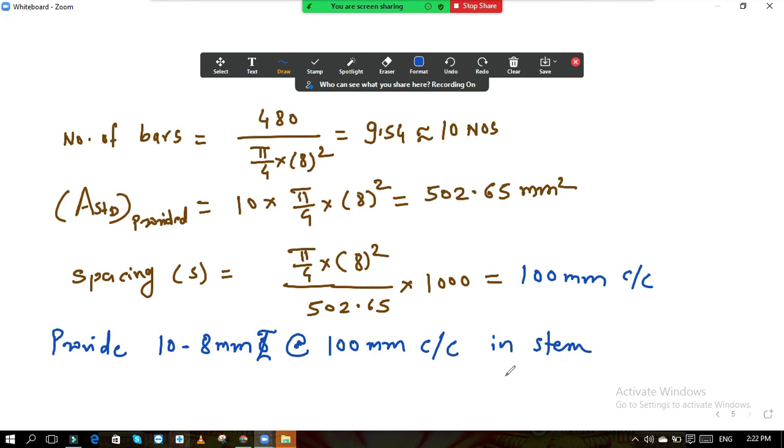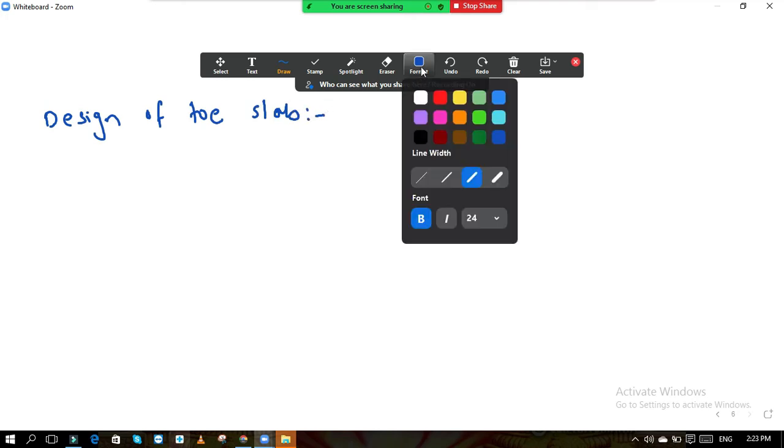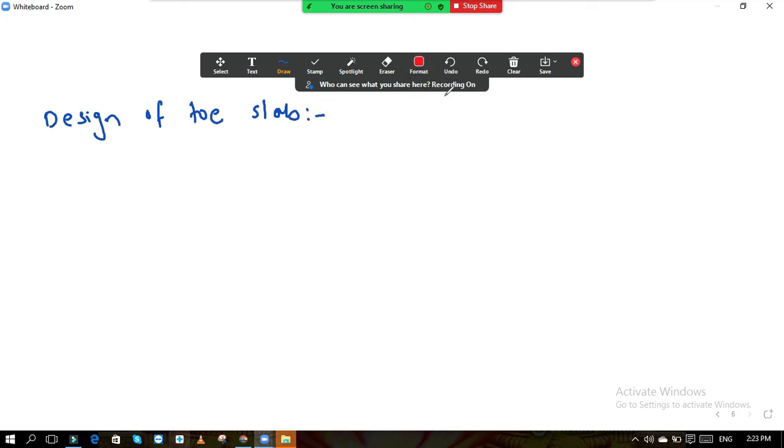Now we will move to the next, design of toe slab. While designing the toe slab, bending moment calculations for a 1 meter wide strip of the toe slab are done.